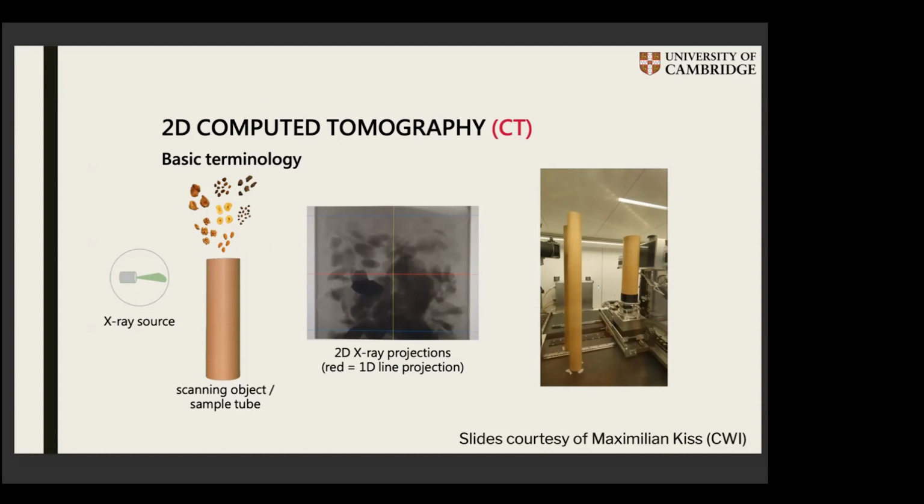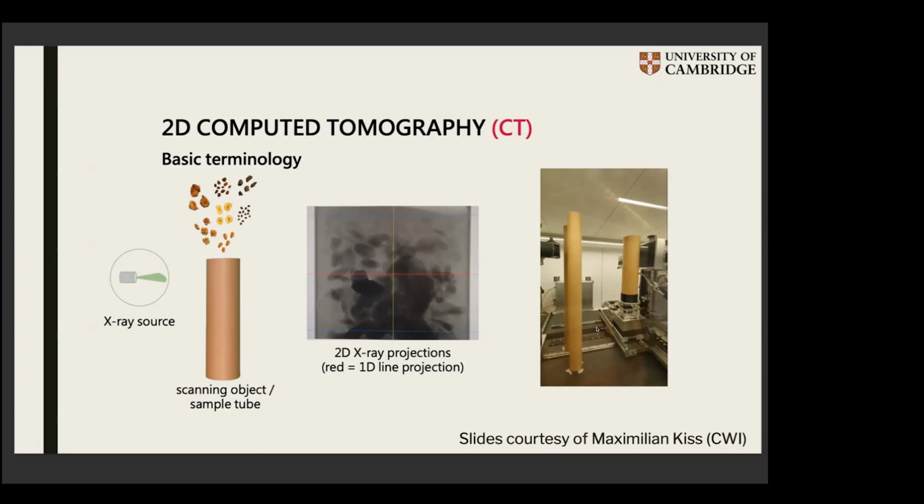The way that this particular imaging modality is performed is you have some sort of X-ray source that sends X-rays through your material, which in this case consists of, I think, nuts and bolts, but normally you would try to use this in a medical setting, where that would be a human. And this results in 2D X-ray projections. And here, on the right, you see an example of a classical industrial tomography machine.